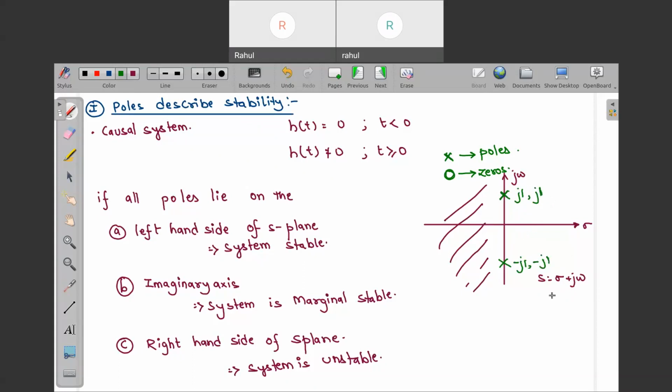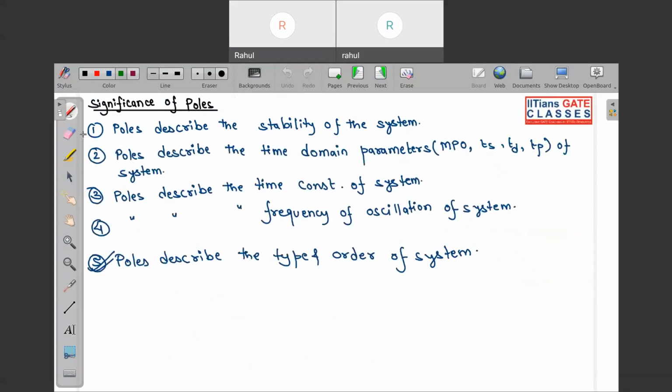So repeated poles on the imaginary axis are unstable. This is your first point; we have completed this one, and we will see this point in the third chapter. Now, poles describe the time constant of the system.